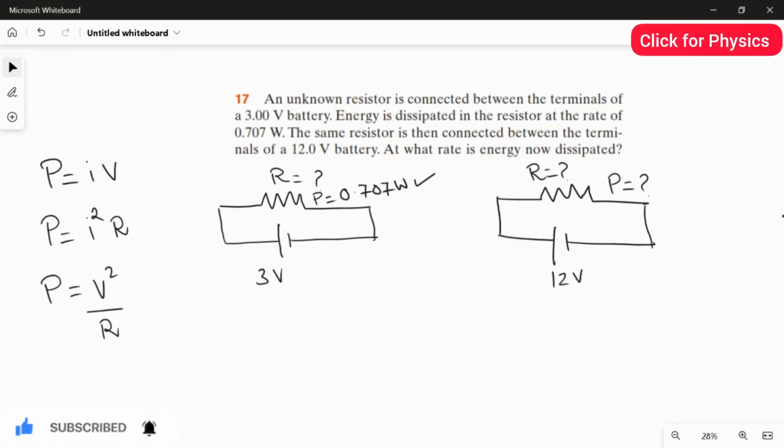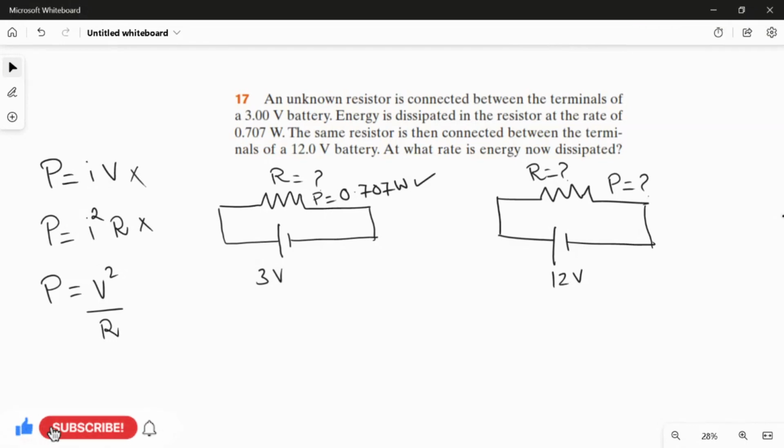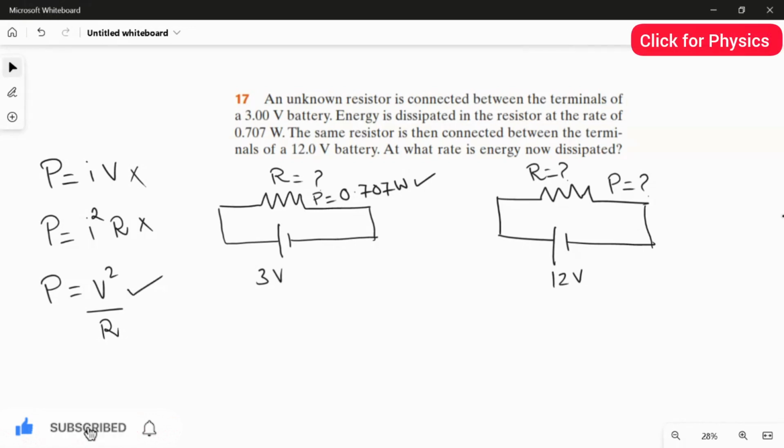Now, if you look at the first two formulas, they are not possible because we don't have any information about the current. So I'm going to use the third equation for both the first part as well as the second part. In the first part, I'm going to use this equation for getting the answer for the resistor.